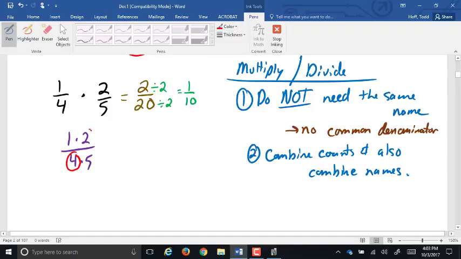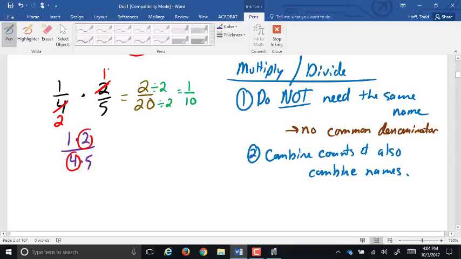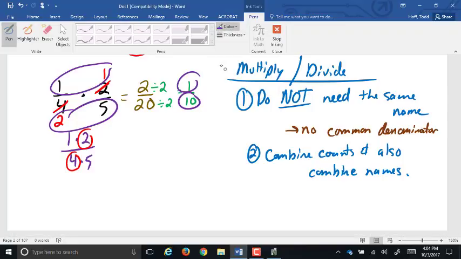We notice that the 4 and the 2 can both be reduced or divided by 2. So we can actually do that before we multiply. 4 divided by 2 is 2. 2 divided by 2 is 1. Now when we go to multiply the numbers, 1 times 1 is 1. 2 times 5 is 10. So we reduced it before we multiplied.